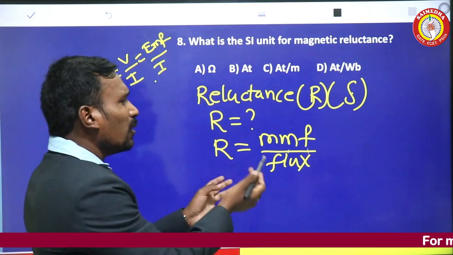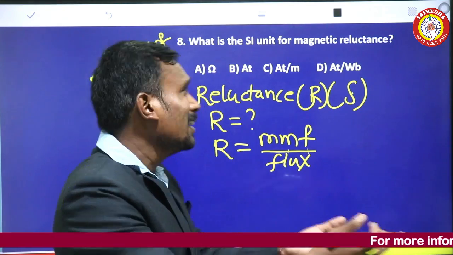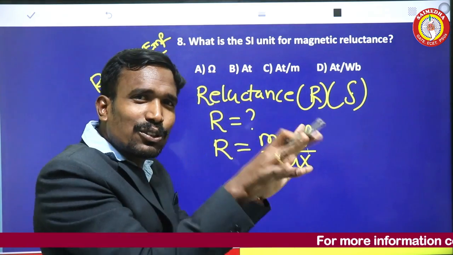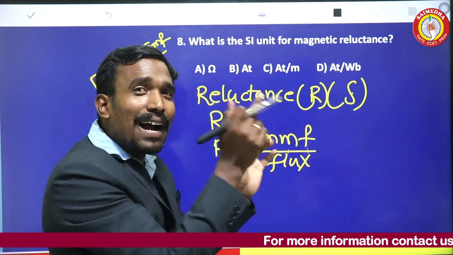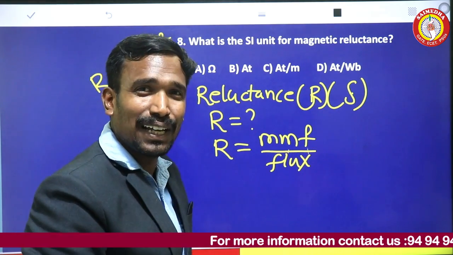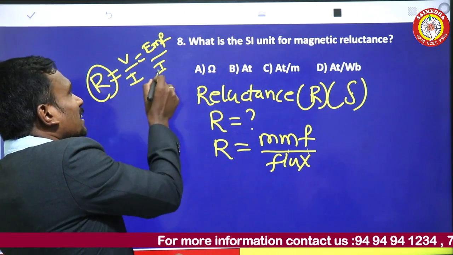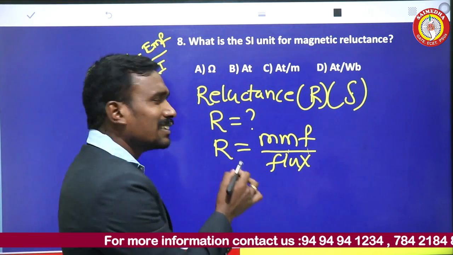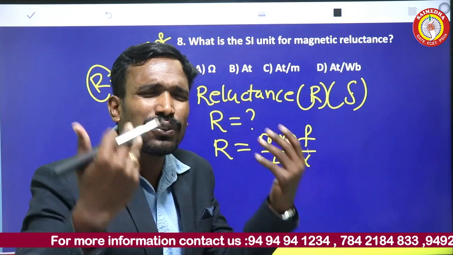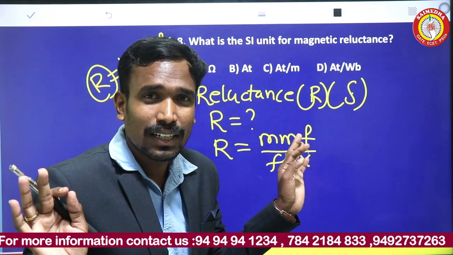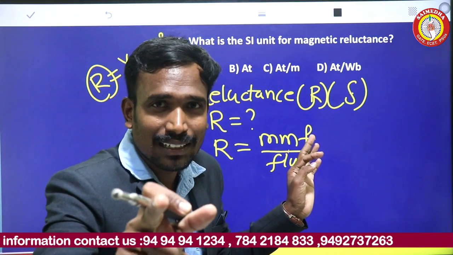Here current will flow, here flux will flow. Here electromotive force we have to apply, here magnetomotive force we have to apply. Here resistance opposes the current, here reluctance opposes the flux. Everything is the same. Are you clear?